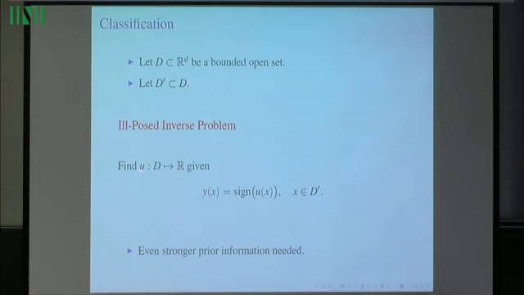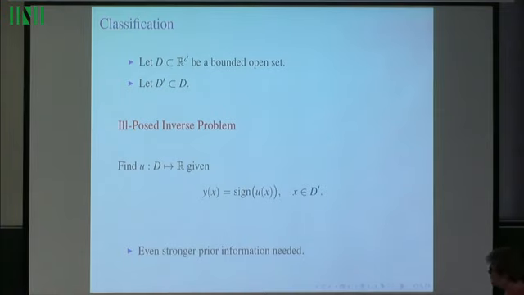We're trying to find a function u from D to R given only the sign of u. So I'm going to assume we're given the sign of the function on D prime, which is a subset of D. That's an inverse problem, and it's a hard inverse problem, harder than regression.